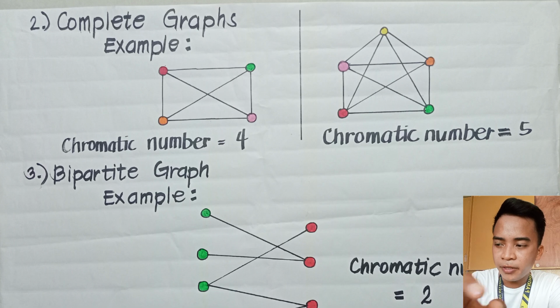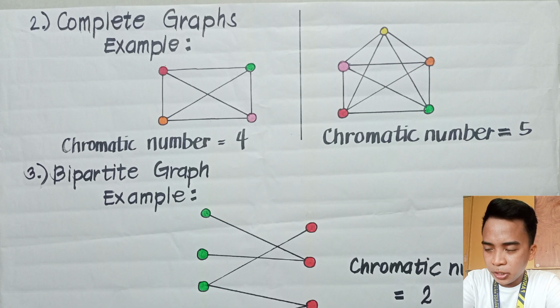So the next graph that we're going to look into is the complete graph. A complete graph is a graph in which every 2 distinct vertices are joined by exactly one edge. So in a complete graph, each vertex is connected with every other vertex.